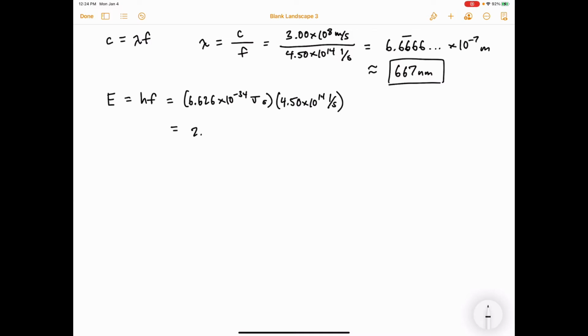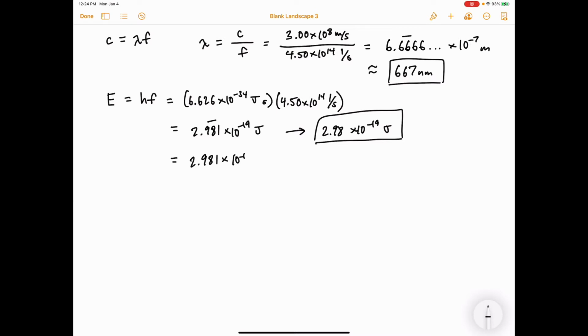This is 2.981 times 10 to the minus 19 joules, but we'll keep 3 sig figs and round that to 2.98 times 10 to the minus 19 joules. Okay, if we want to convert this to electron volts, remember we have 2.981 times 10 to the minus 19 joules.